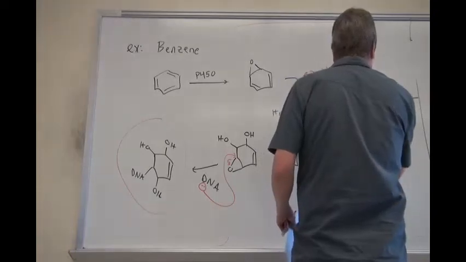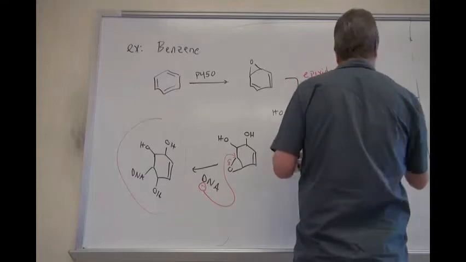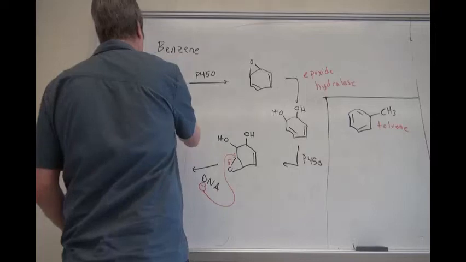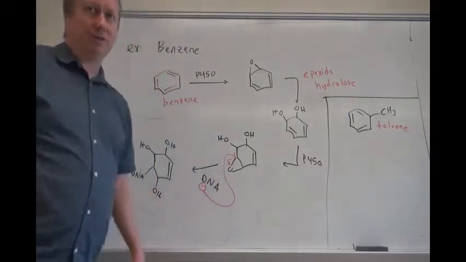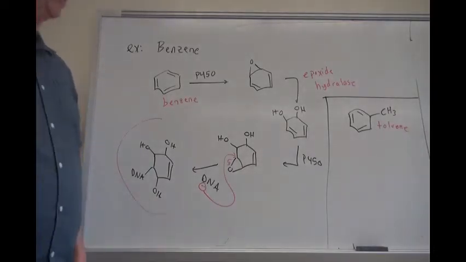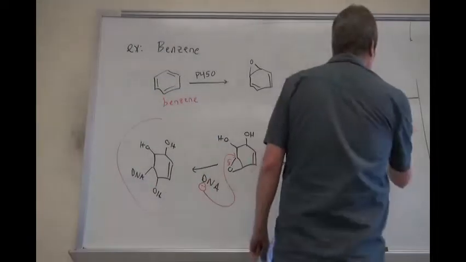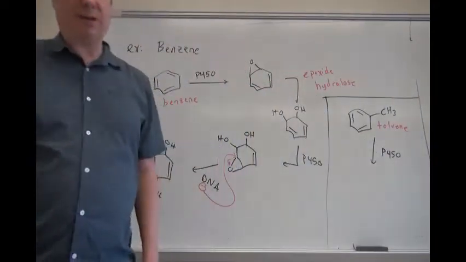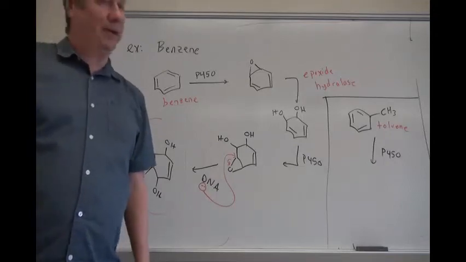So toluene, this is benzene. We have benzene, we have toluene. Well, toluene is used as a sort of replacement for benzene, and it has less of a carcinogenic effect. And it's really cool because if this does encounter P450 in the liver, cytochrome P450, it also oxidizes toluene, but in a way that's non-toxic.